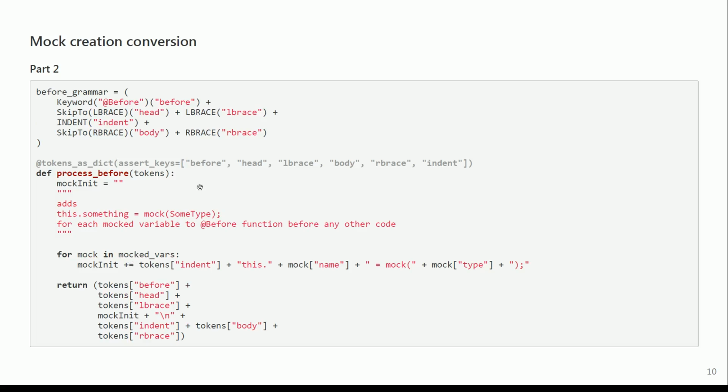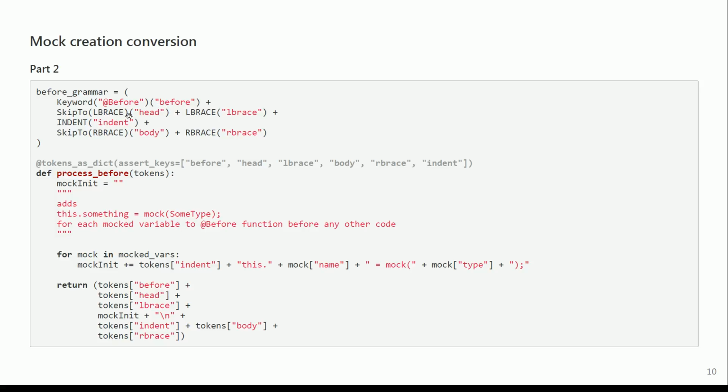Now in the second step, we find the before function, which is annotated with before, and we don't really need the content of it. We don't need to parse it. We don't need to match it with anything. We just need the keyword before.